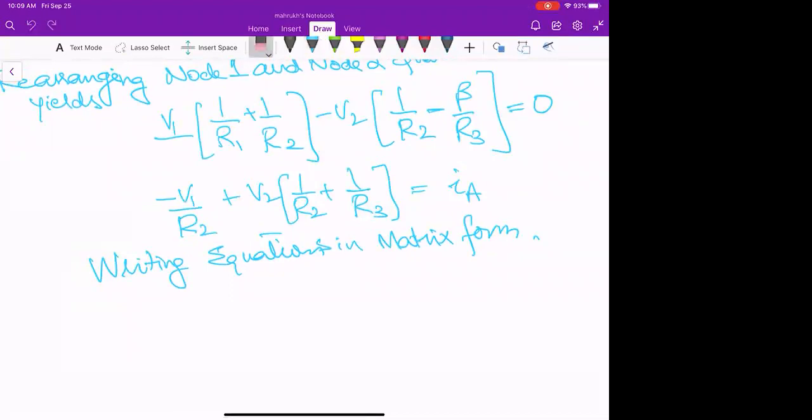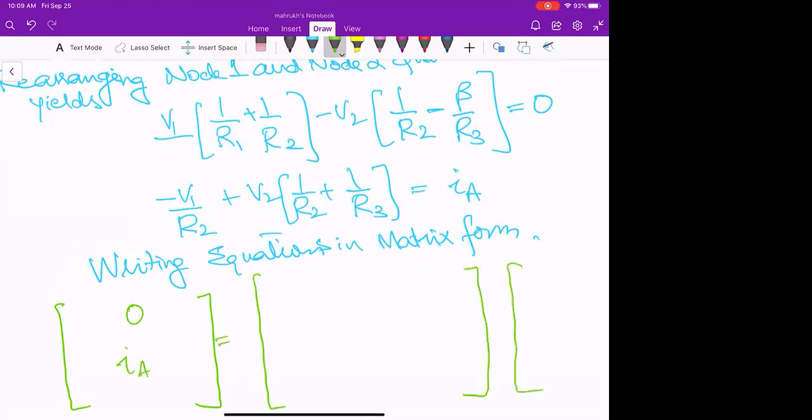Okay, so I will write the equation. First, I will write the current. And then I will write the voltages.